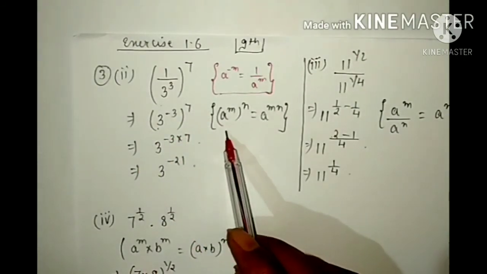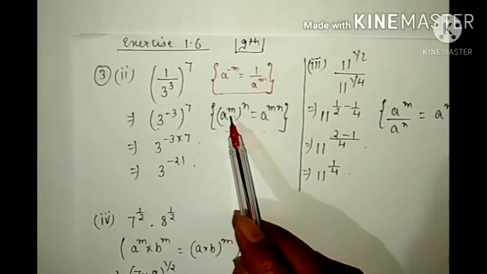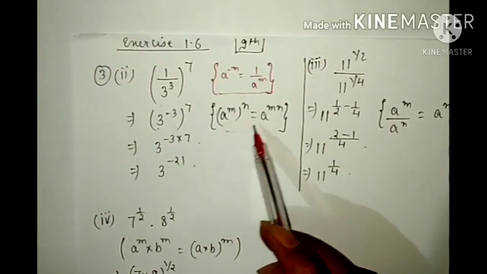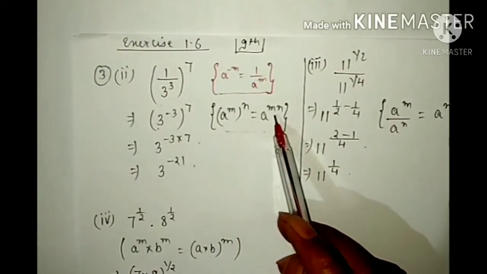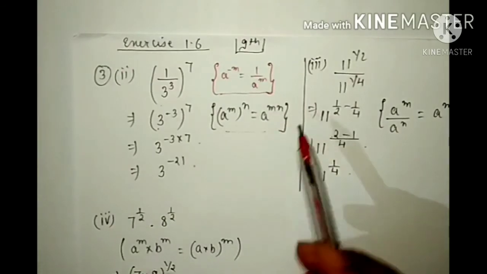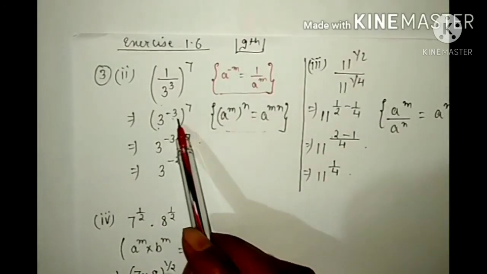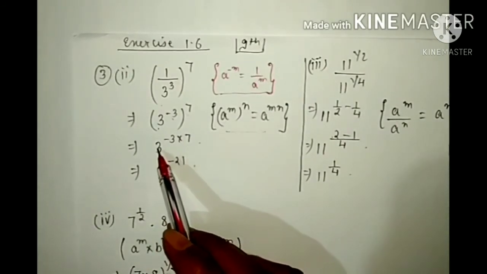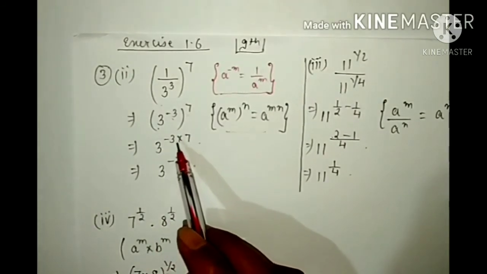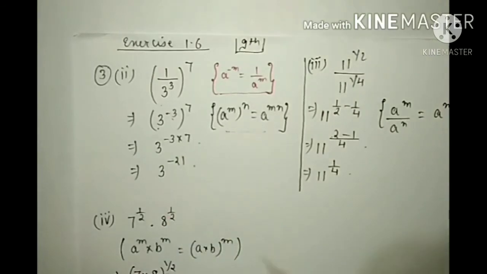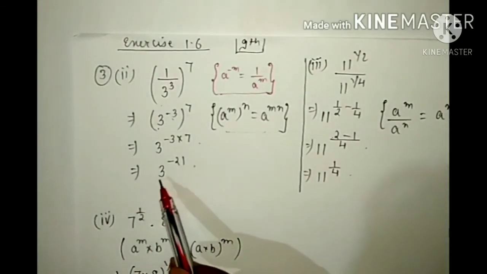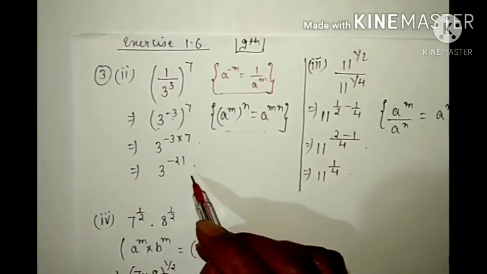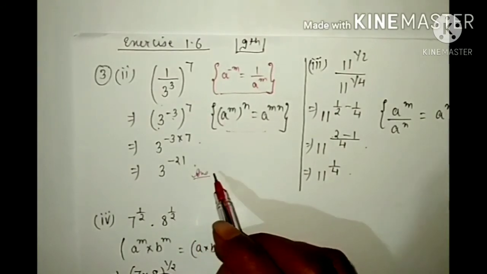And now by this law a की पावर m whole power n is equals to a की पावर m into n. From this law this -3 and 7 will be multiplied, which will be 3 की पावर -3 into 7, which is equal to 3 की पावर -21. This is your answer.